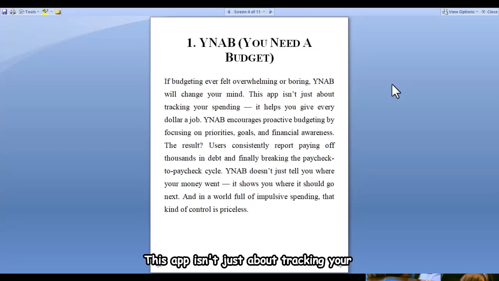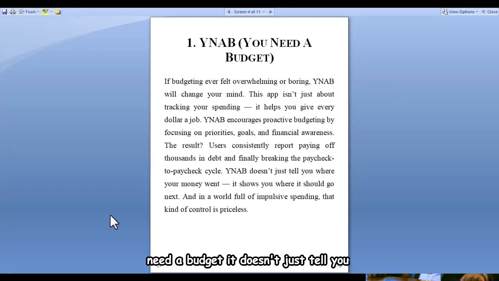This app isn't just about tracking your spending, it helps you give every dollar a job. It encourages proactive budgeting by focusing on priorities, goals, and financial awareness. The result: users consistently report paying off thousands in debt and finally breaking the paycheck to paycheck cycle.